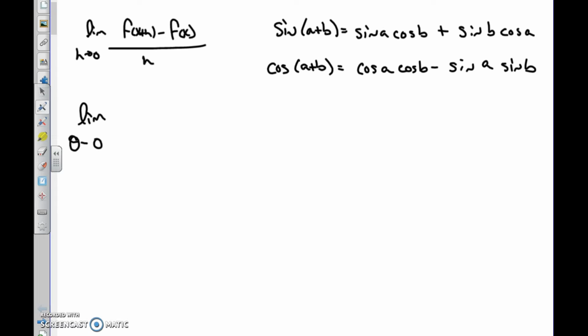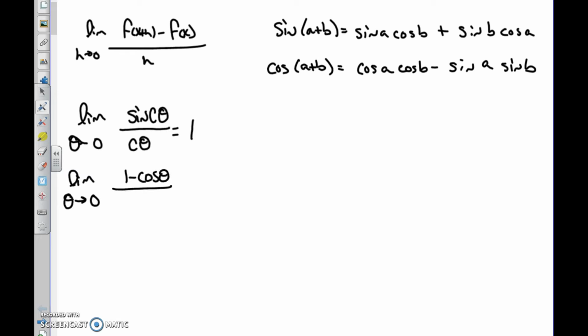So the limit as theta approaches 0 of sine of some constant times theta, all over that constant times theta on the bottom, is going to equal just 1. That's one of our identities that we have to know. And then the other one is the limit as theta approaches 0 of 1 minus cosine of theta, all over theta, is just going to equal 0.